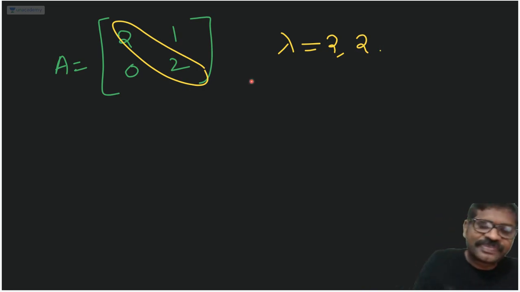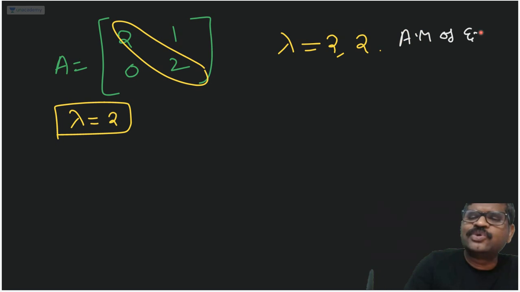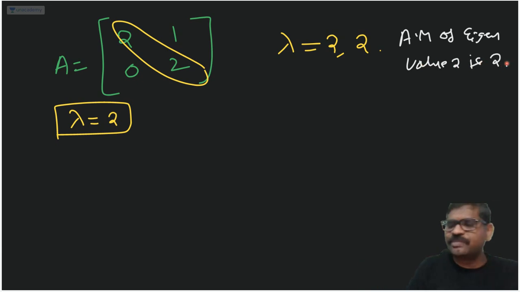Next, we have to find the eigenvector corresponding to eigenvalue 2. What is the algebraic multiplicity of eigenvalue 2? It is 2, because the eigenvalue is repeated 2 times. That's why AM is 2.